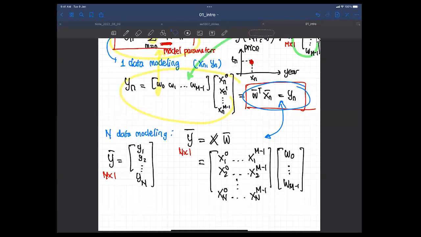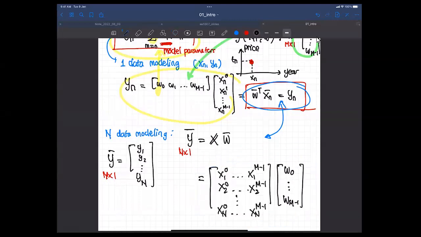In other words, what is the dimensionality of the X matrix? N by M, and W is M by 1. So that's correct, you cancel the parameters in the middle. Any questions so far?